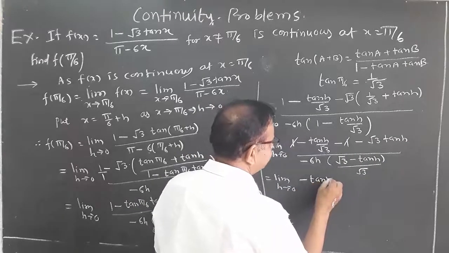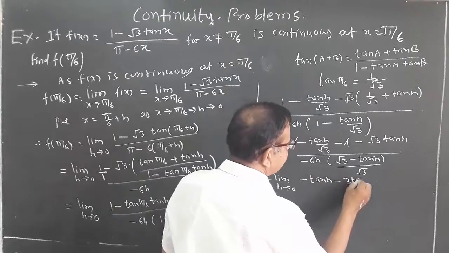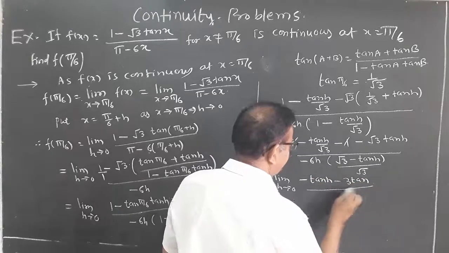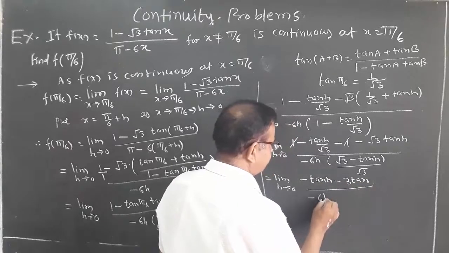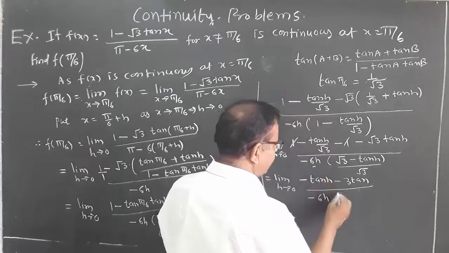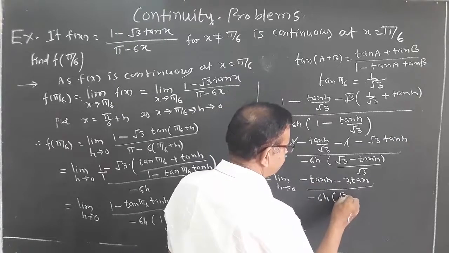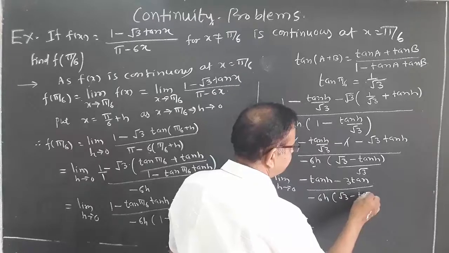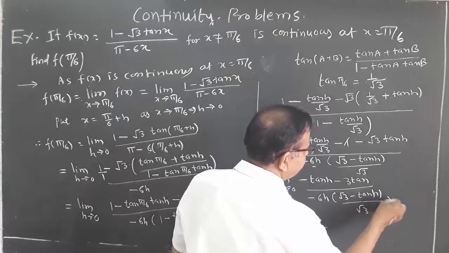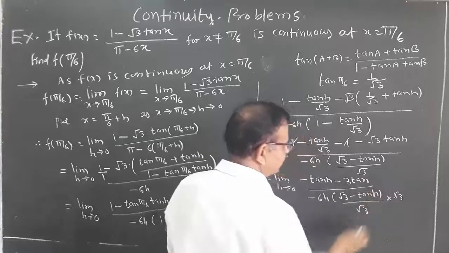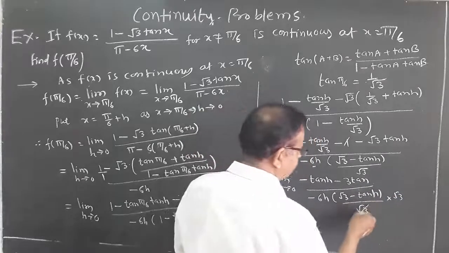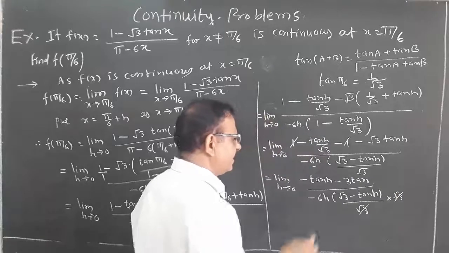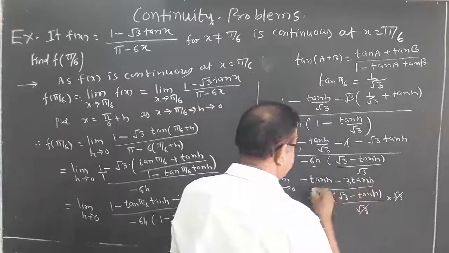tan h minus 3 tan h divided by minus 6h into root 3 minus tan h divided by root 3 into root 3, numerator denominator. Root 3 gets cancelled. This is nothing but minus 4 tan h.